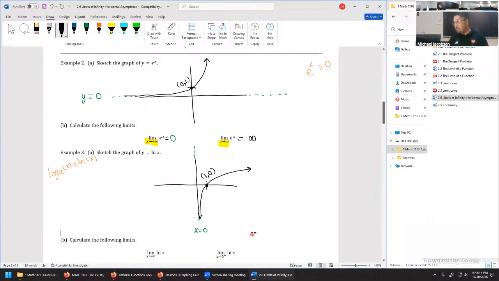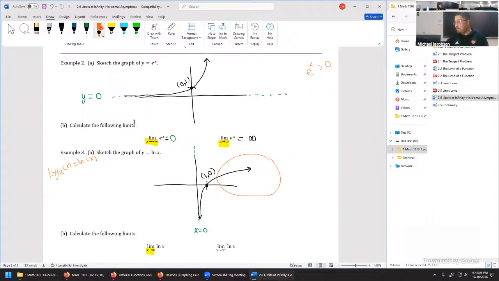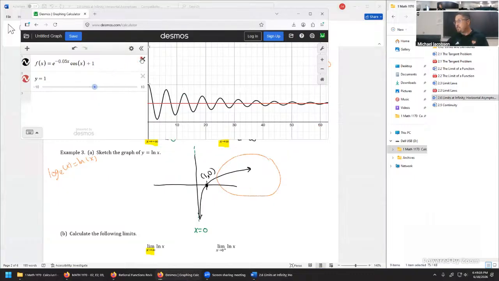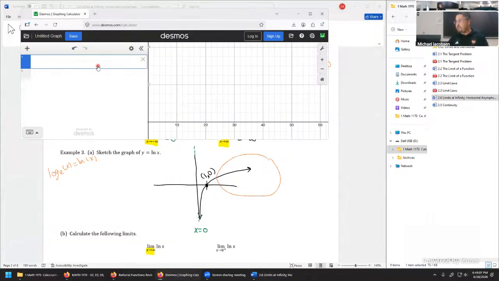And now armed with that information, here's the last two limits for this algebraic review roundup. First one, if we take the limit as x tends towards positive infinity, we're on this end. But that's tricky, especially when you look at plots of natural logarithms.